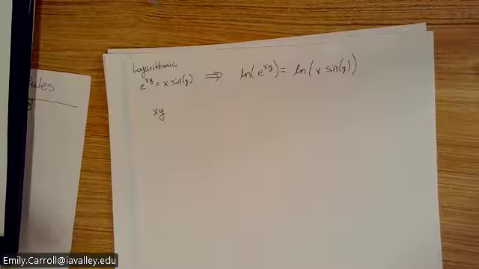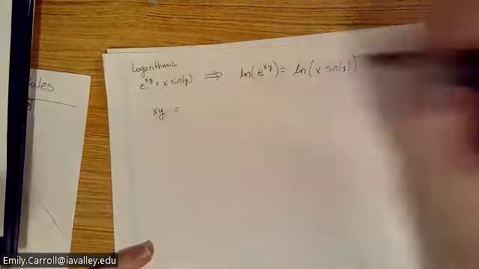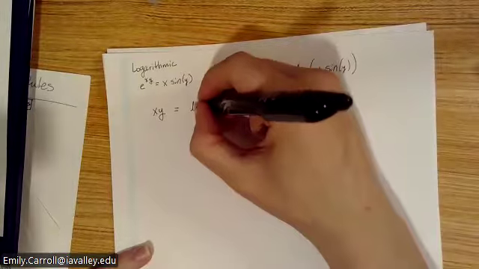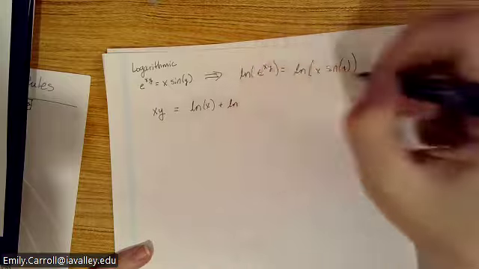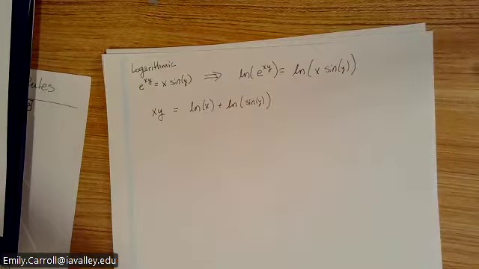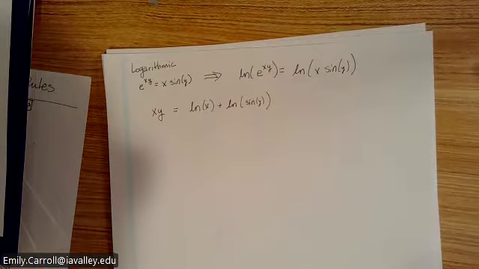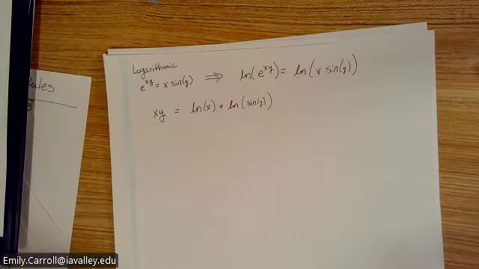The ln and the e to the undo each other. The right side will have ln of x plus ln of sine of y. And that's as expanded as it's going to get.